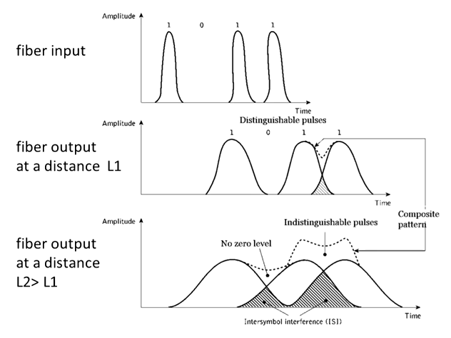If we consider a particular threshold, if the light energy is greater than the threshold, that will be considered as 1. If it is less than the threshold, it will be considered as a 0.